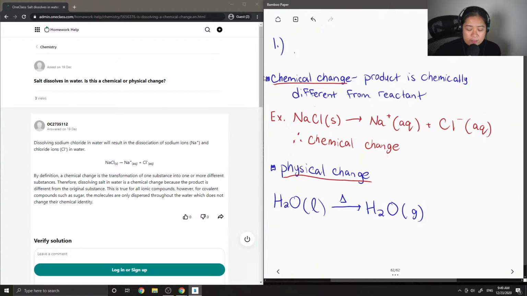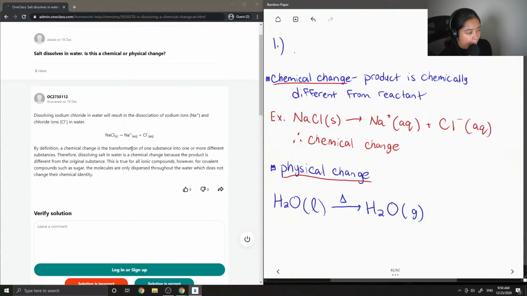This is just a phase change, but chemically it is still H2O. And then if it were to have cooled down, it would just convert back to the liquid. So this is an example of a physical change when it's just a phase change of a compound. Okay, so let's see what the junior tutor said.